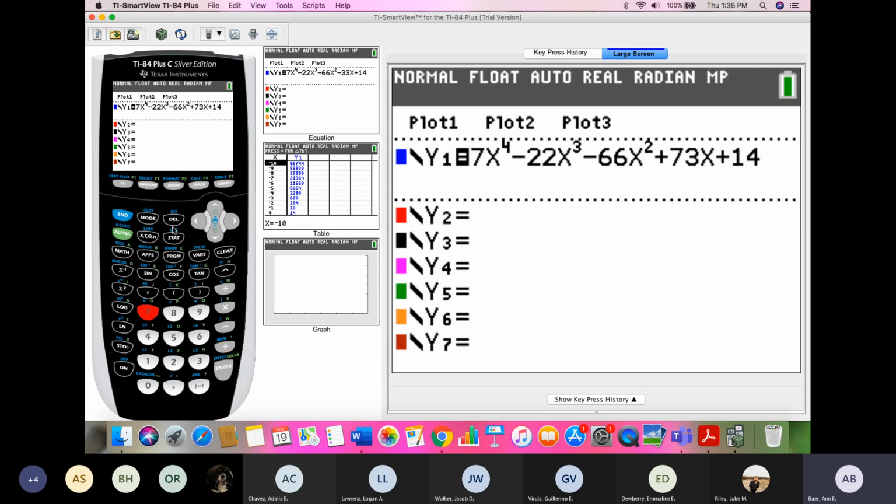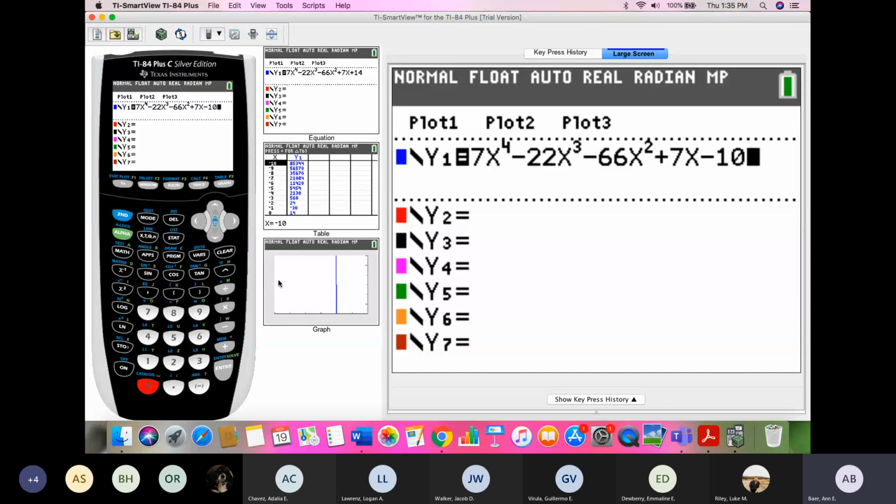And then I'm going to use a delete for that, del up here. And then minus 10. So you can do this if you're very careful in certain situations. Minus 10, so I want to change that 4 to a 0. And I'm going to double check. 7x to the 4th minus 22x cubed minus 66x squared plus 7x minus 10.